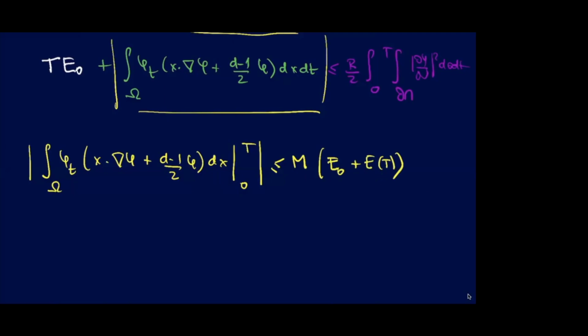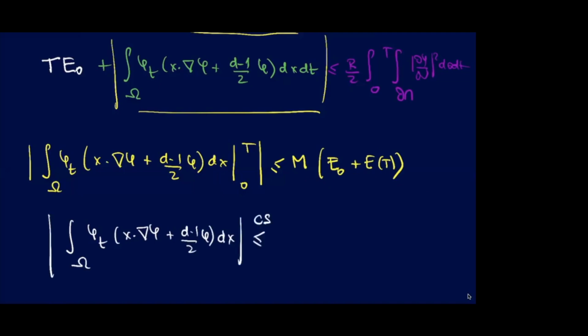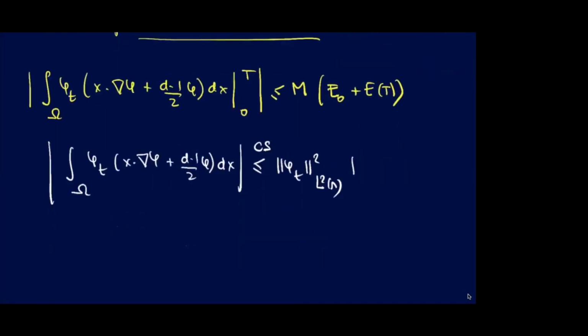Why? Well, because at any time, if you ask me to give you an estimate of this term, I will apply Cauchy-Schwarz and say that this is less than the L2 norm of omega times the L2 norm.